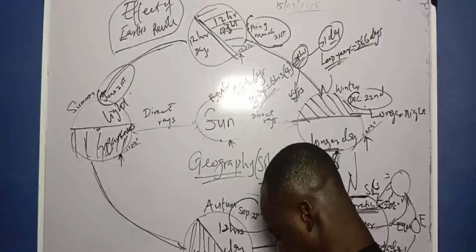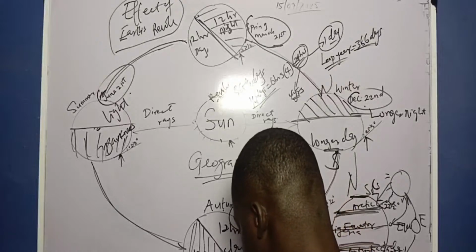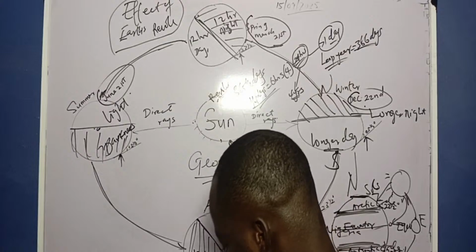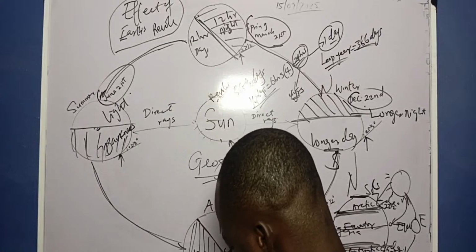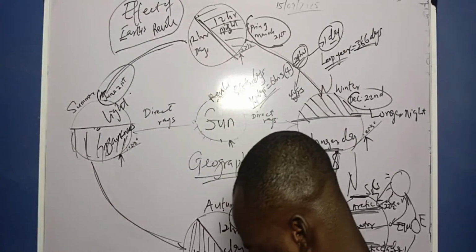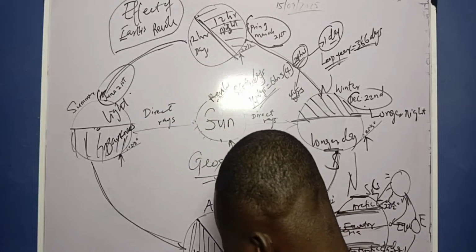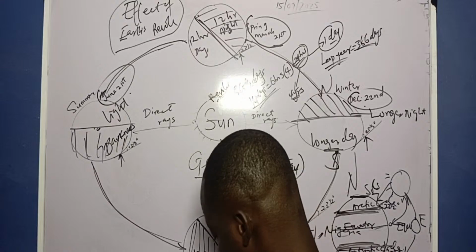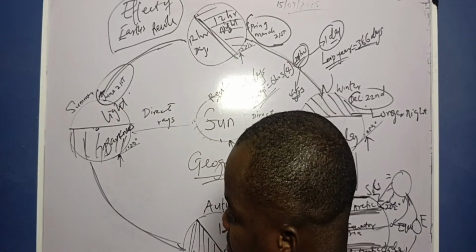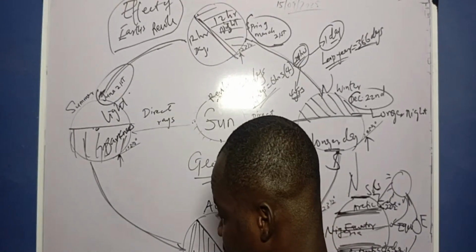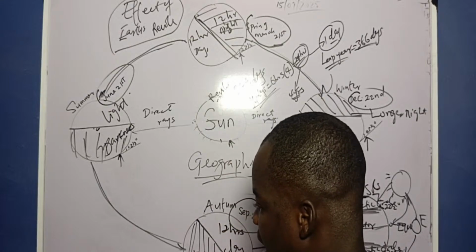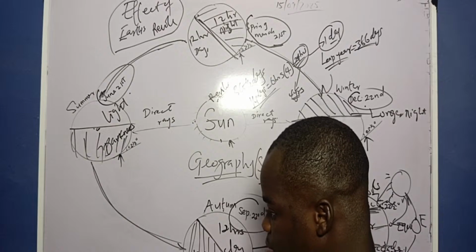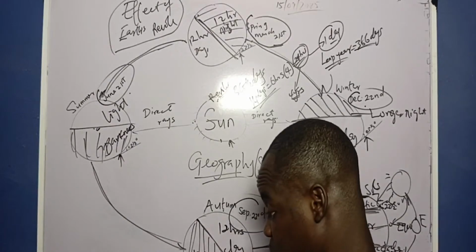So this particular effect of the Earth revolution causes several seasons to occur, especially in temperate countries. They usually have 4 seasons, and these seasons are winter, autumn, summer and spring.